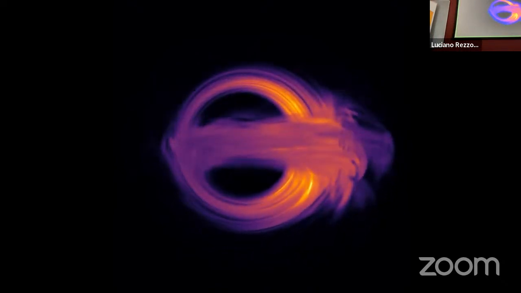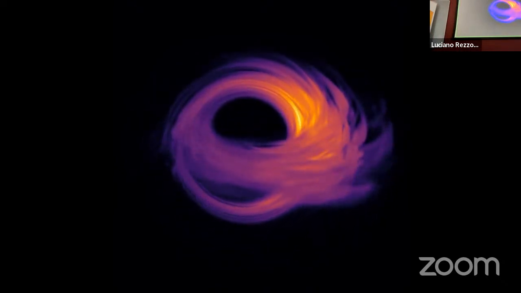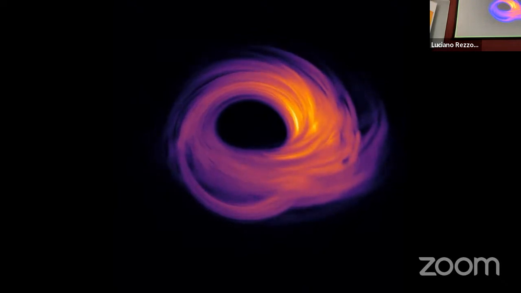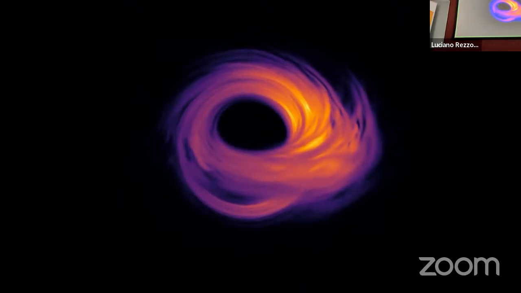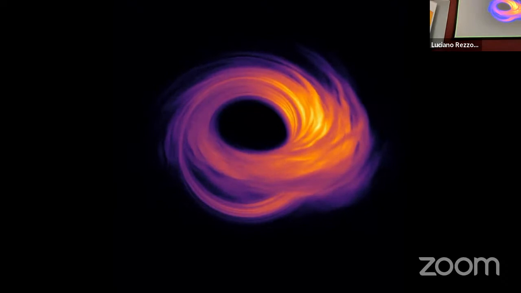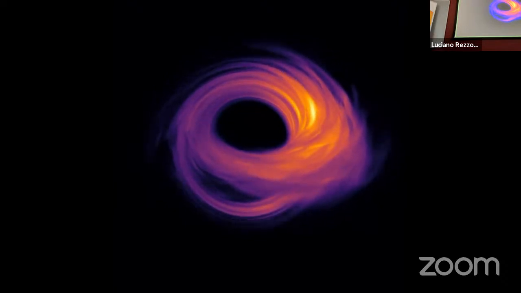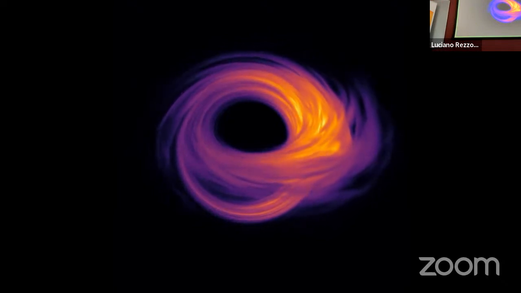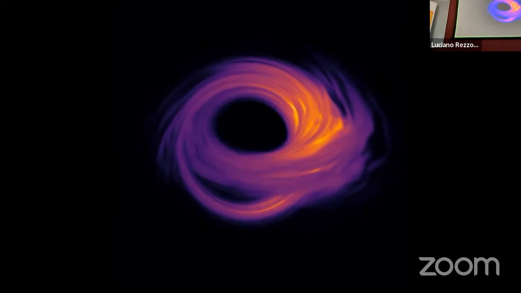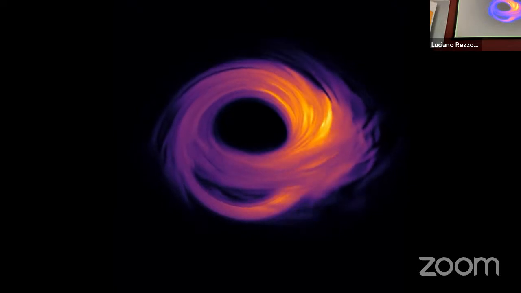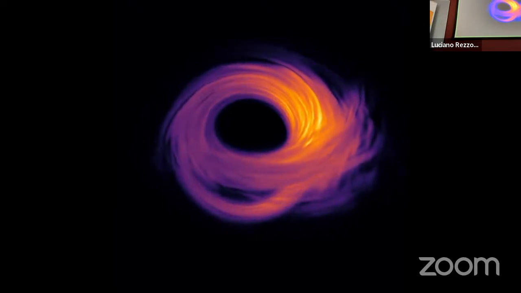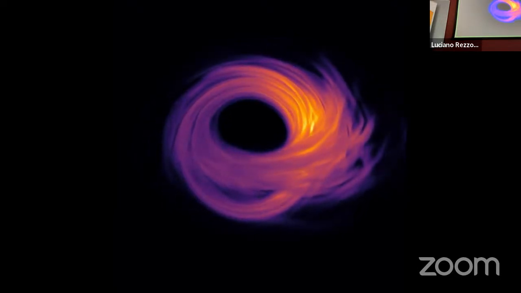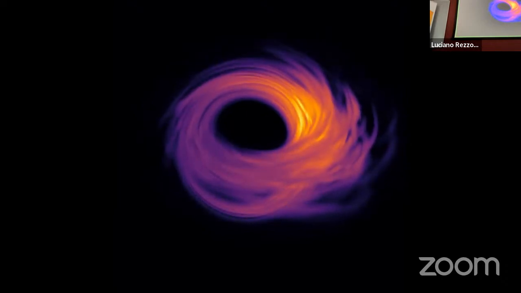So the appearance of this radiation field will depend on the inclination with respect to the observer. And we don't know what is the inclination. But one thing that is always present, unless you consider these extreme cases, there's always a bright spot, a bright side. That's because light from that side is boosted towards you, and so towards the observer. In this case, the observer is over here, and so the observer will see a bright spot.